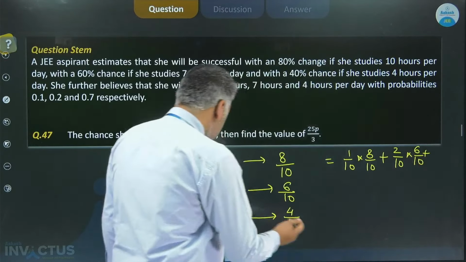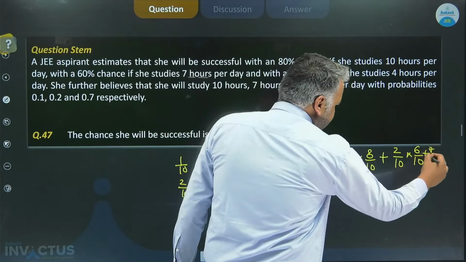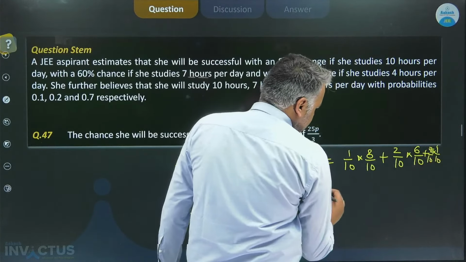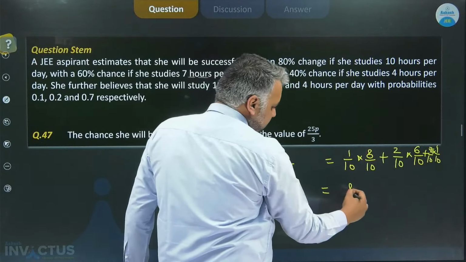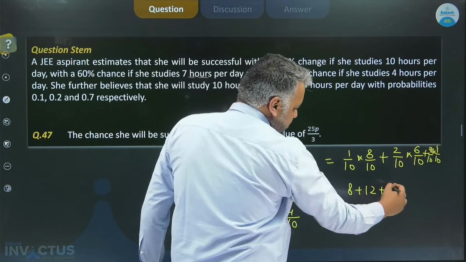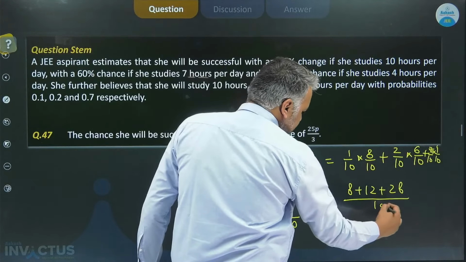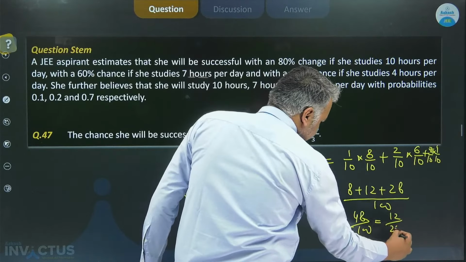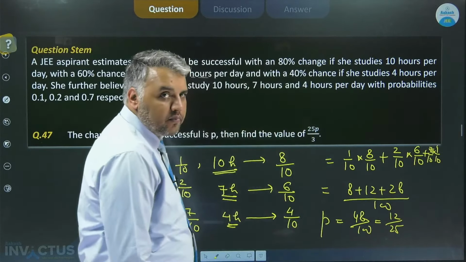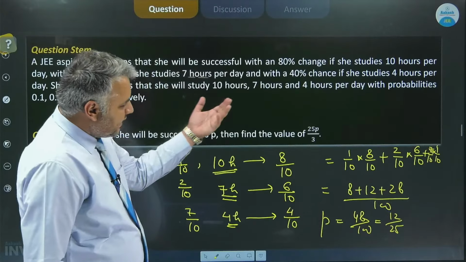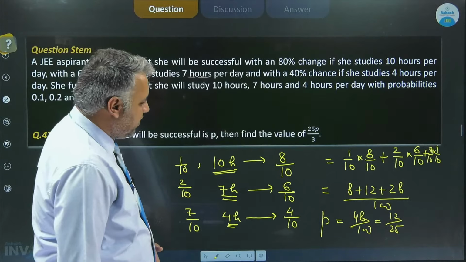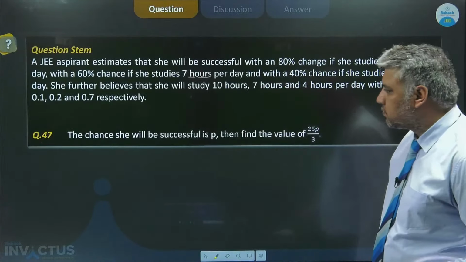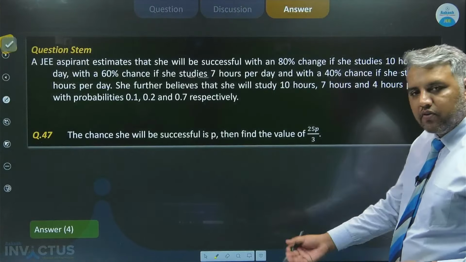Similarly, for 4 hours, we can say it is 7 by 10 into 4 by 10. So this will be 8 plus 12 plus 28 divided by 100. This is nothing but 48 divided by 100, or we can say 12 by 25. This is the value of p. Okay. So that means 25p divided by 3, 4 must be the answer, I think. For question number 47, yeah, 4 is the answer.